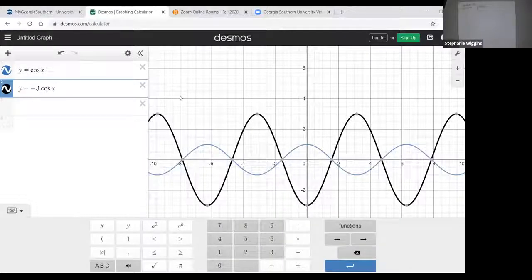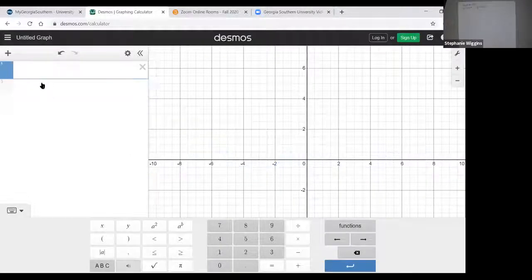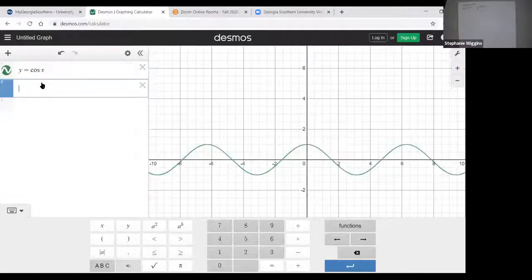Now, what happens if I put a constant in front of my x? So let me get rid of this function here. And, whoops, I went too far. Y equals cosine. Instead of x, I'm going to put 2x. Well, let's do both. Here's y equals cosine x, and here's y equals cosine 2x.